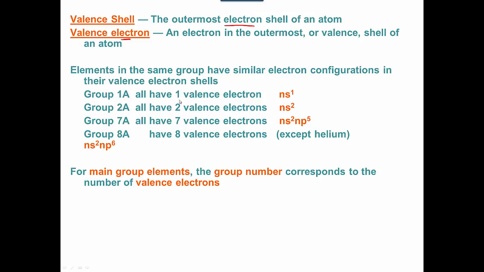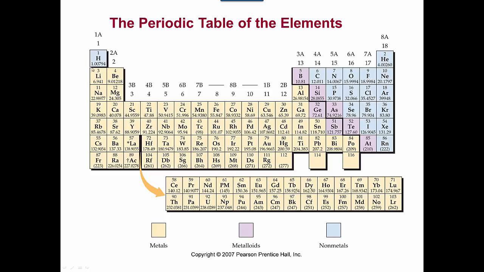Group 1A, they all have 1 valence electron. Notice the n is the shell number. So that means, going back to the periodic table, that for period 2, or shell number 2, in group 1A, lithium has 1 valence electron. Shell number 3, group 1A, sodium, 1 valence electron, and so on.